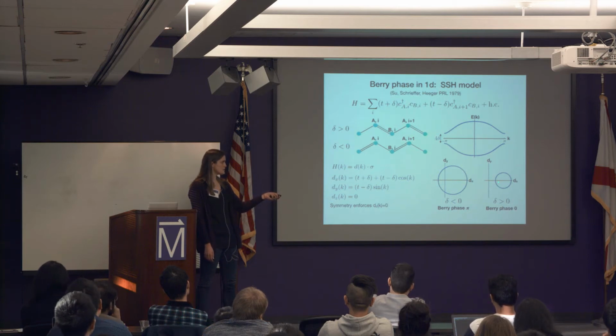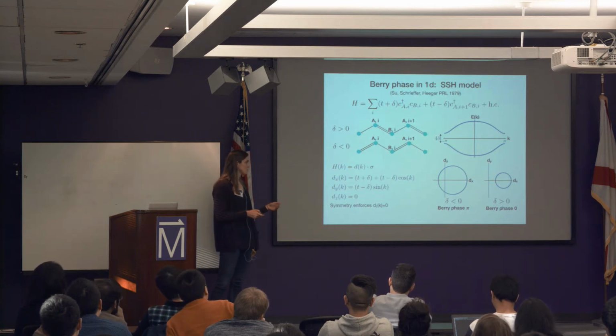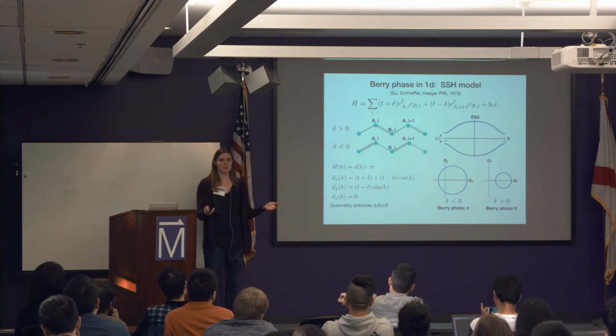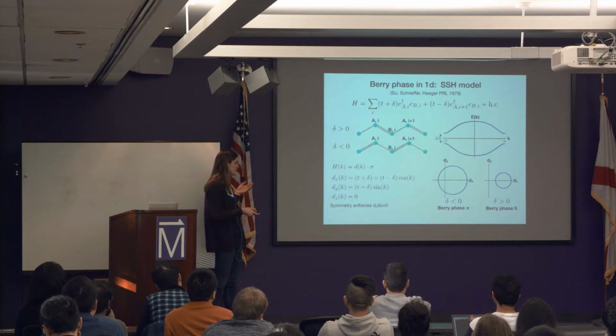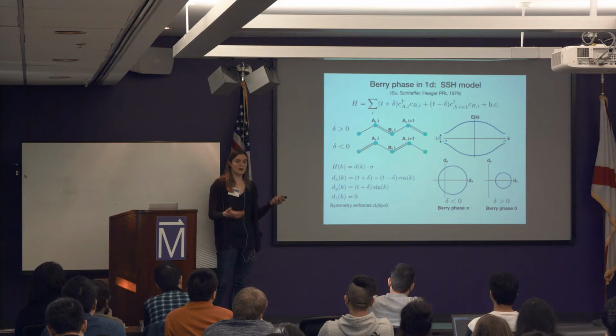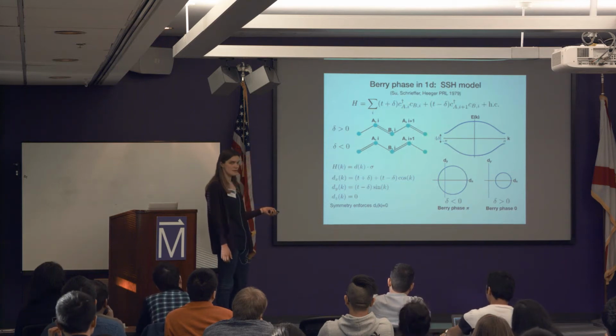If we trace this complex number dx plus i dy, we never enclose the origin. So this winding number, which we can prove is equivalent to the Berry phase, gives us a topological invariant: do we enclose the origin or not? That corresponds to a Berry phase of pi or a Berry phase of 0. And so this is the one-dimensional example of how we can get a topological invariant.